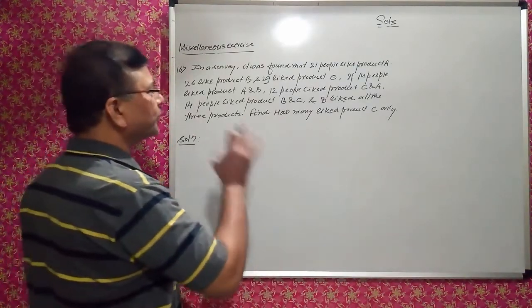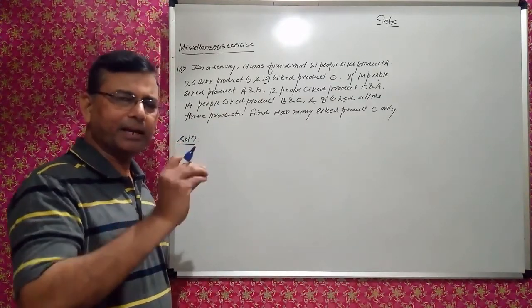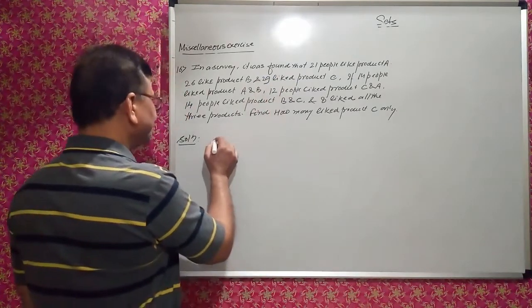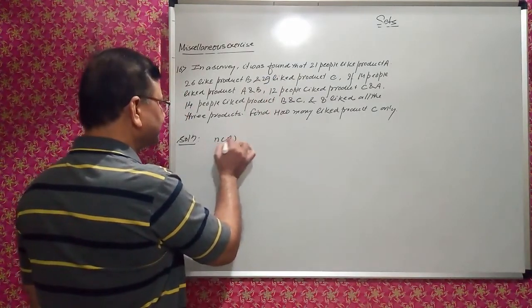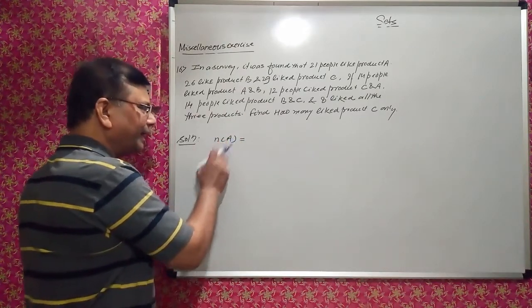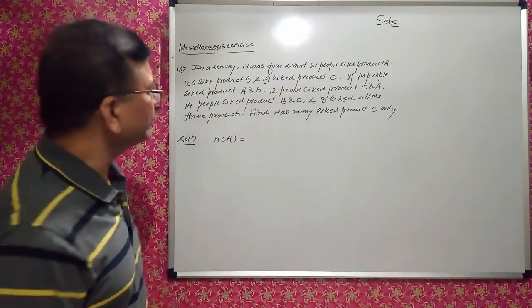So you see, we will denote product A, the set of people, the number of people who like product A, by NA. Those who are liking product A, it is denoted by NA. In NA, how many are there? 21.